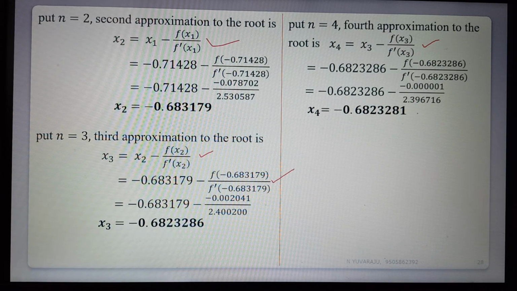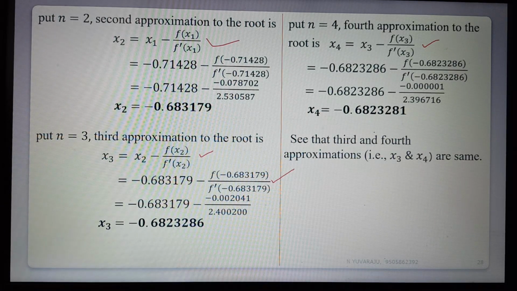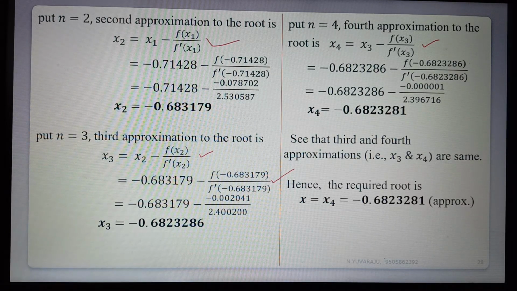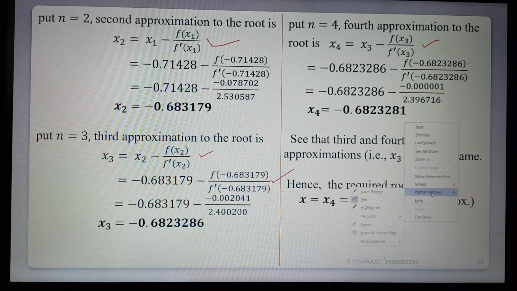Here, x3 and x4 are nearly the same up to 5 decimal places, and 6 decimal places also equal. So the third and fourth approximations are equal, hence the required root is x equal to x4, minus 0.6823281. This is Newton-Raphson.